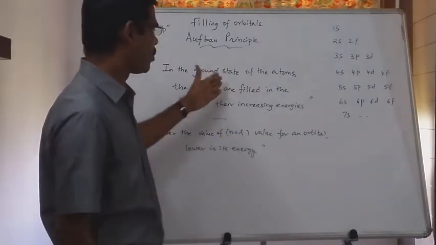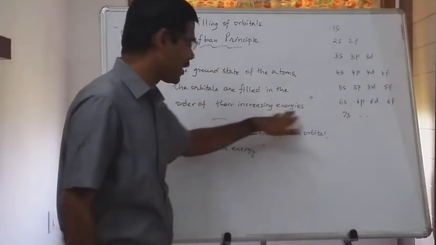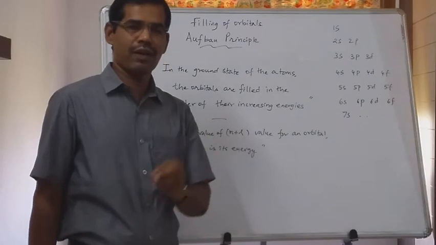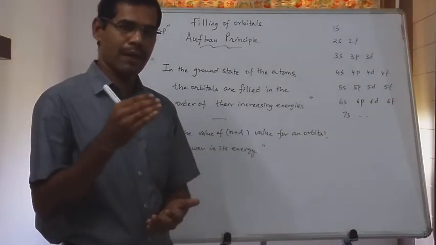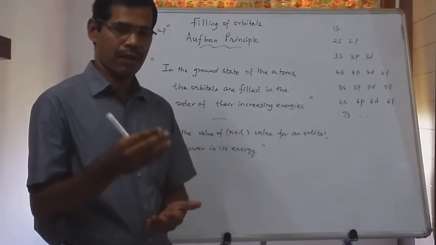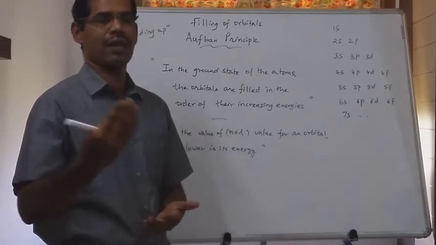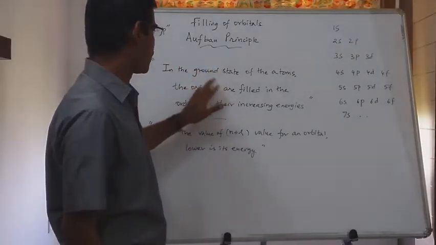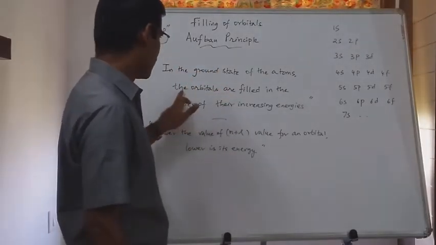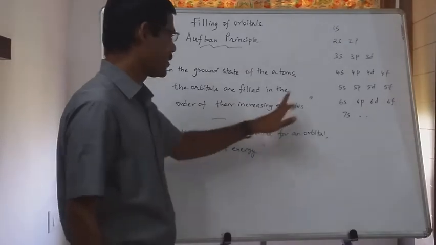That is a rule. Based on their increasing energies, the one with the lower energy will be filled first. After that orbital is filled with electrons, the next orbital will be filled. This is the statement according to the Aufbau principle.